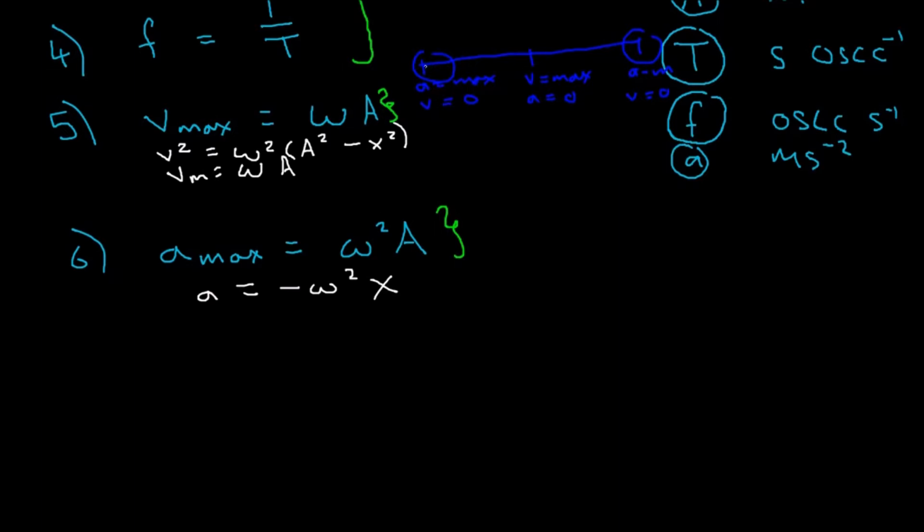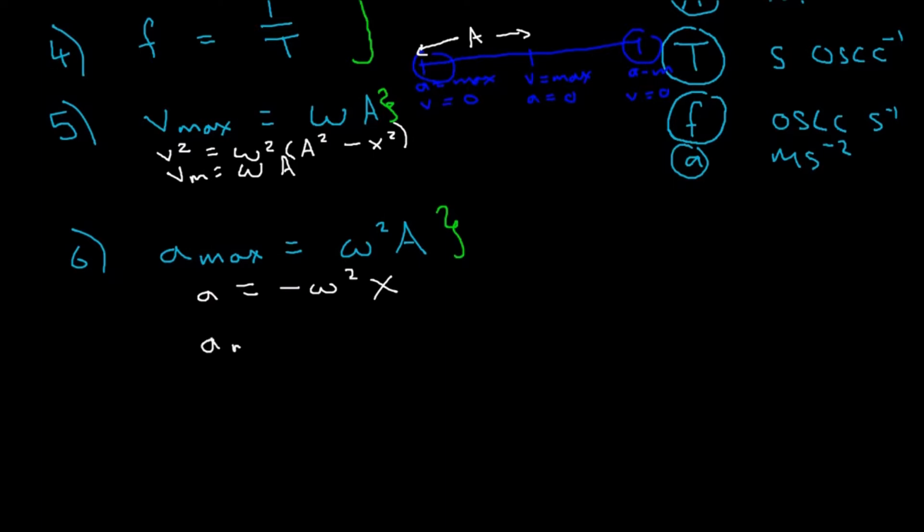But what is this point? This is the amplitude. So that's the equilibrium over here. That's the amplitude. So this distance over here is A, from here to here. So to get A max, we're going to sub in A instead of x, because the distance from the center, or the equilibrium, is A at the point of maximum acceleration.